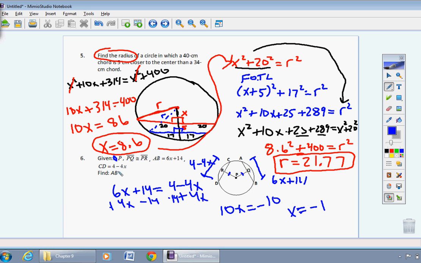So I know x is equal to negative 1 and I want to find AB. I can take that negative 1 and plug it in for x there. So I have 6 times negative 1 plus 14 is going to give me AB. And so that's going to tell me that AB is equal to 8.